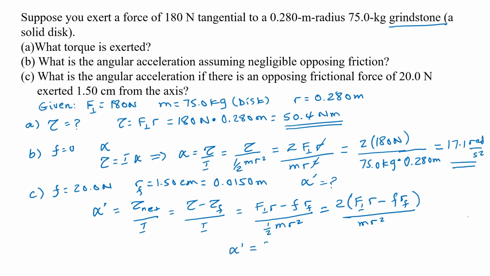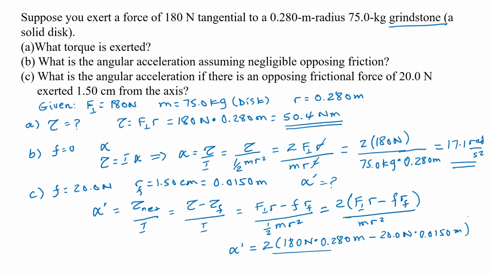Alright, 2 times the force exerted, which is 180 newtons, multiplied by the radius of the grindstone, 0.280 meter, minus the friction force 20.0 newton, and its corresponding radius of 0.0150 meter.